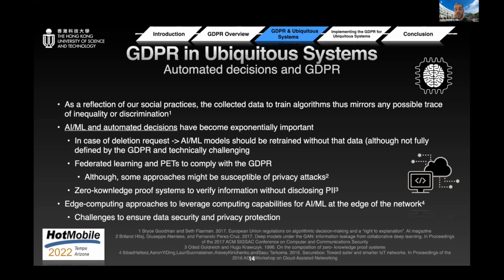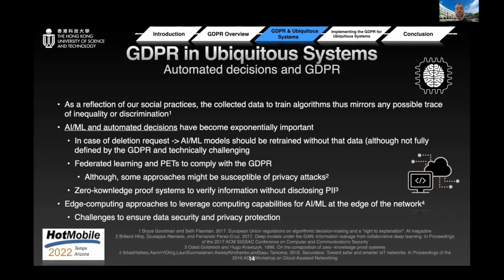How to solve these problems? One of the solutions is federated learning, which tries to diminish the sharing of input training data using federated learning approaches that also enable privacy enhancing technology to better protect the sharing of information for training machine learning.